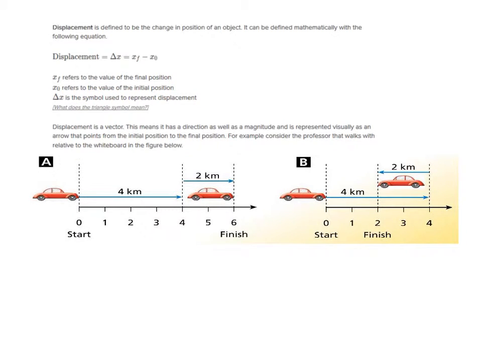Although this formula may seem complicated, it's much easier when you understand that this symbol delta just means change of direction, or in this case, change of displacement. So the correct formula is that a change of displacement is measured by finding your final position and then subtracting your initial position.